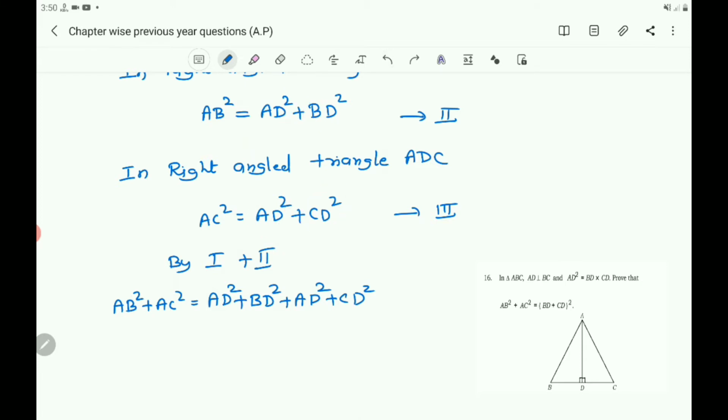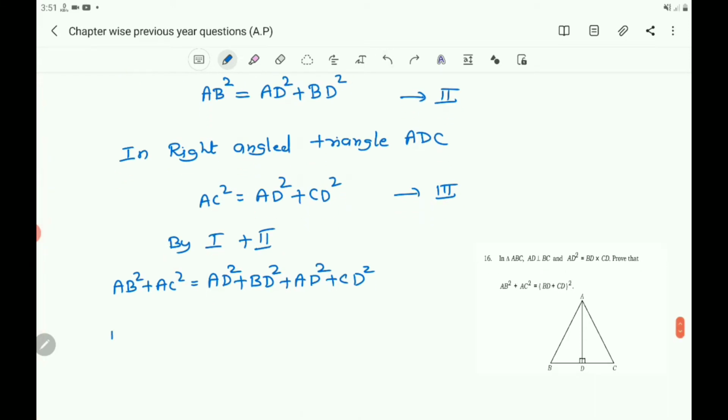Then you write that is AB square plus AC square equals AD square plus AD square becomes 2AD square plus BD square plus CD square.